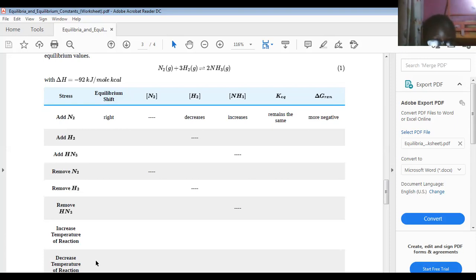To the left. When we decrease the temperature, where will it shift to? To the right.